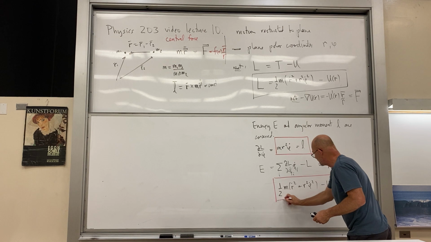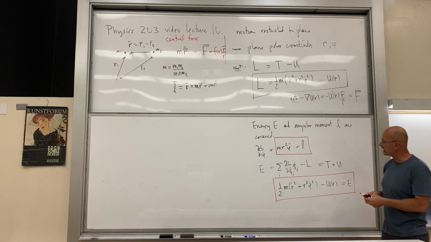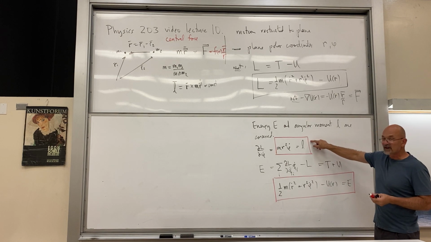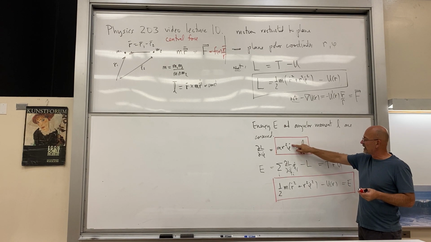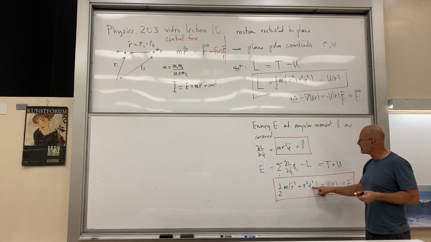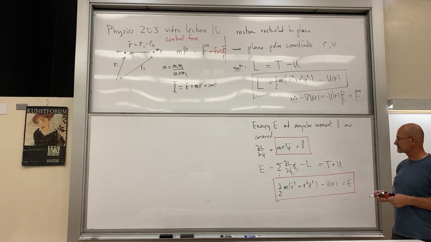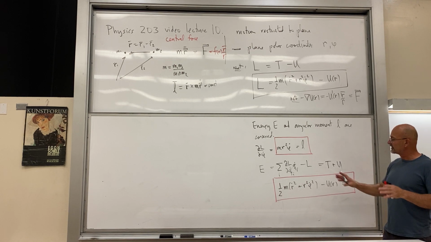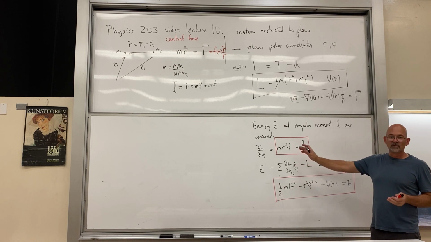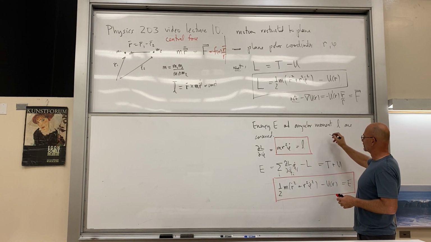When you write them down, what you also see is that we have two differential equations. These are, of course, differential equations, d phi dt, dr dt. They're coupled, but we have two first-order differential equations. So this is the route, really the only route to the solution of this central force problem.